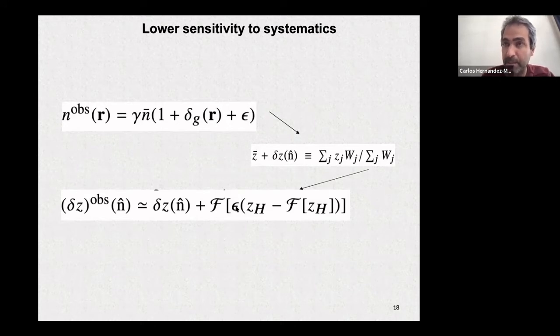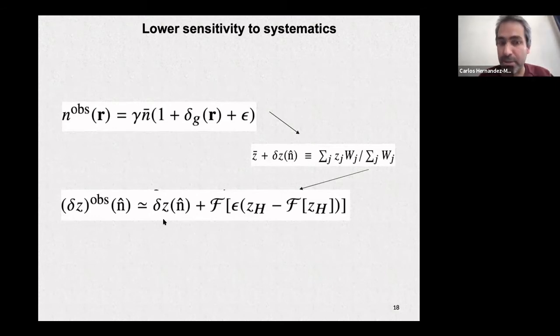Your systematics, which could be due to sky brightness, or to the moonlight, or to the density of stars, or extinction, these things usually do not depend on redshift. So if this epsilon pulls out of the integral, then this thing cancels too, and at the end you are not affected at all by systematics, right?